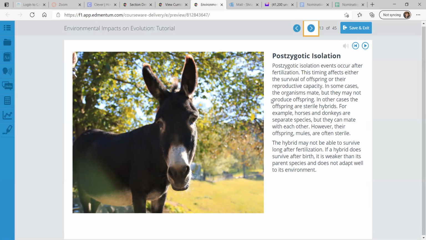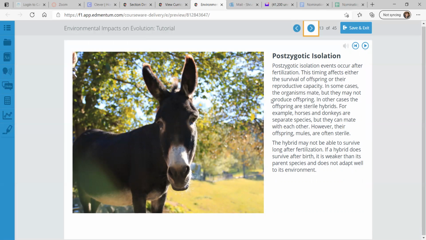Now we're going to look at post-zygotic isolation, and these occur after fertilization happens. And this timing affects either the survival of the offspring or their reproductive capacity. In some cases, the organisms mate, but they may not produce offspring. In other cases, the offspring are sterile hybrids.